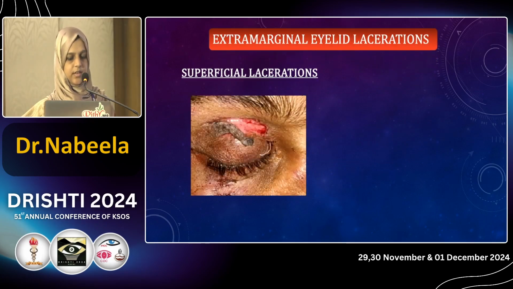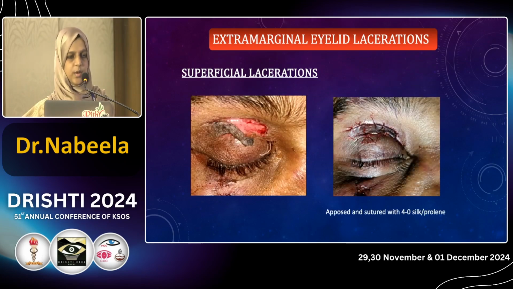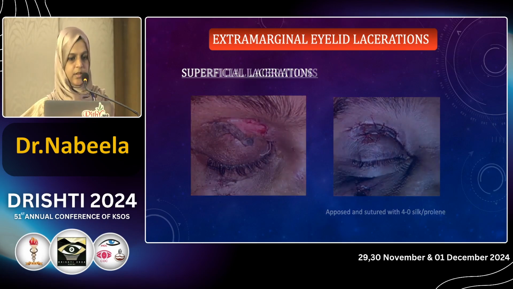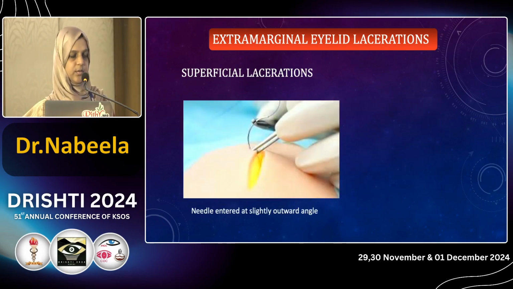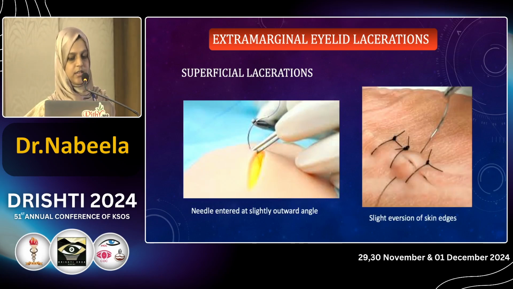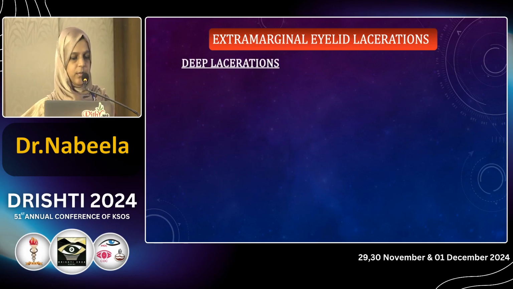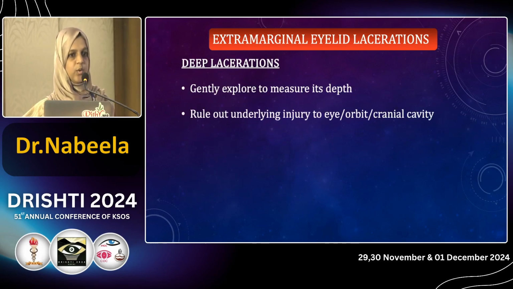Superficial lacerations like this, you just have to oppose it with a non-absorbable suture, a 4-0 silk or Prolene. Just remember that when suturing the skin, the needle should be entered at a slightly outward angle so that it will result in a slight eversion of skin edges, so that when the wound heals, it will prevent inversion. So coming to deep laceration, you have to gently explore to measure its depth, rule out underlying injury to the eye, orbit or cranial cavity.